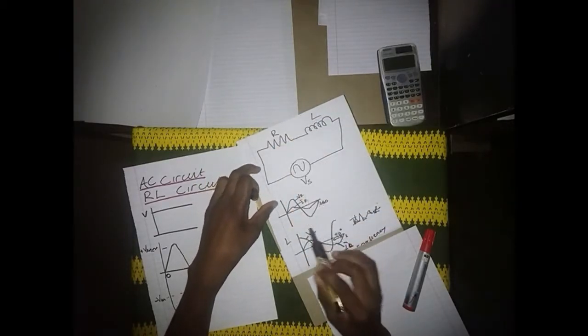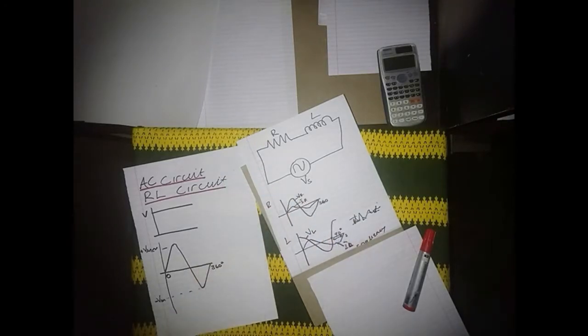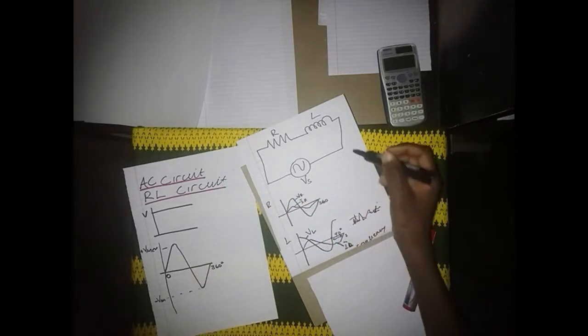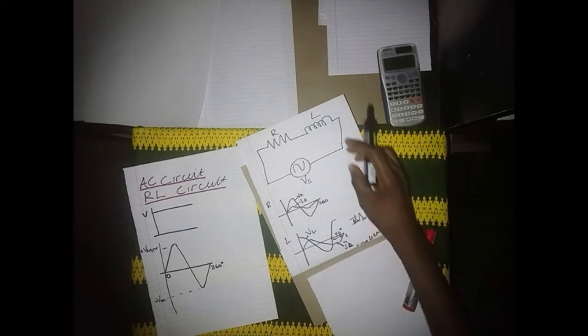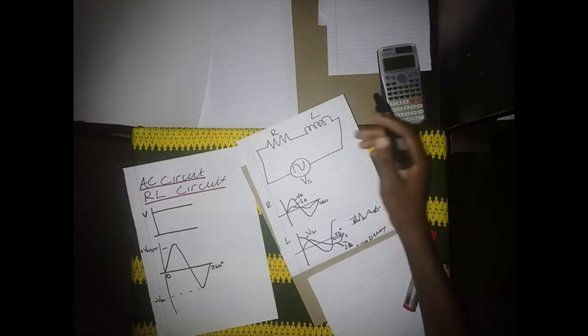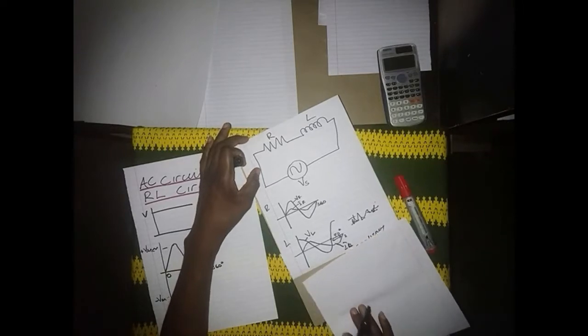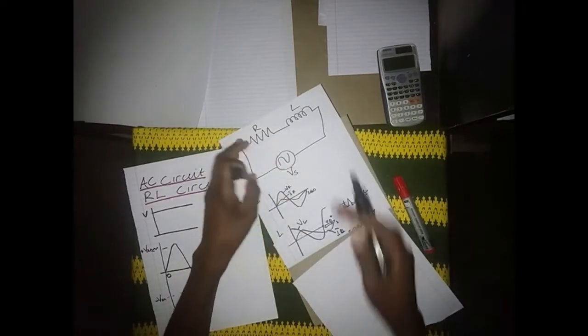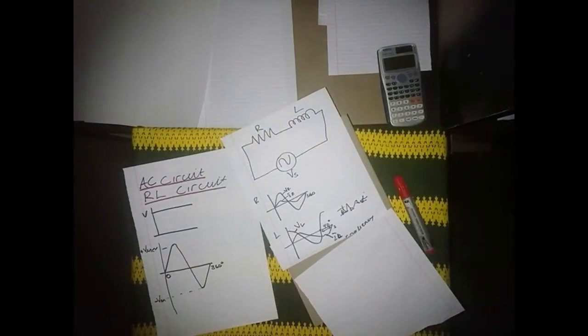But in a resistor, the current and the voltage finish one cycle at the same time. Because of this difference between the voltage and the current in the inductor, the current flowing in the inductor will be in the opposite direction. When the current and voltage pass through the inductor, it doesn't see the inductance, but it sees the reactance of the inductor.